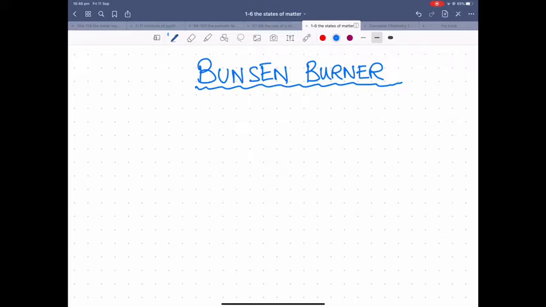Now before we go ahead, you will never be asked to draw a real Bunsen burner in an exam question. The only thing that you'll be asked to do is an arrow with heat written under it. That's what we use to represent a Bunsen burner.